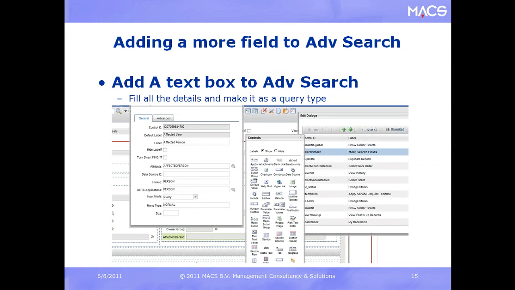For instance, you want to add a status, an affected person, multiple regions, and especially the new fields which you have added in the application. To cover these items, we will quickly add a new field on the advanced search tab.